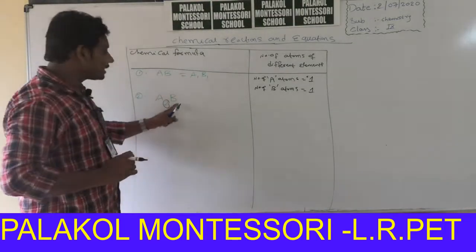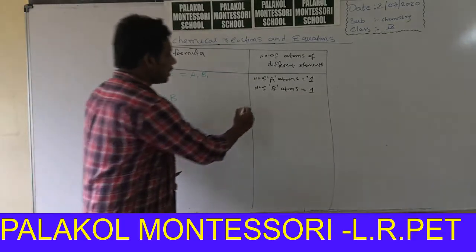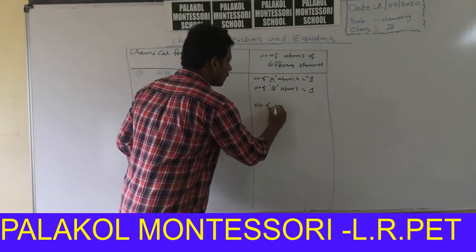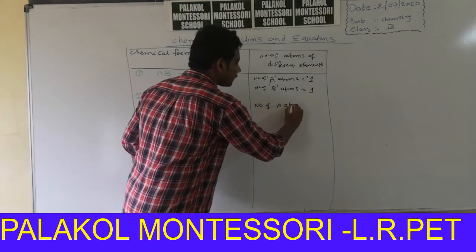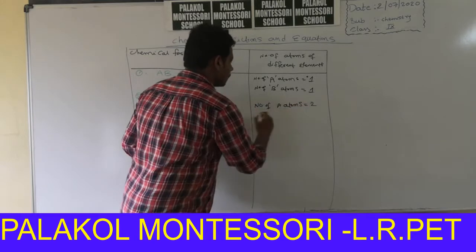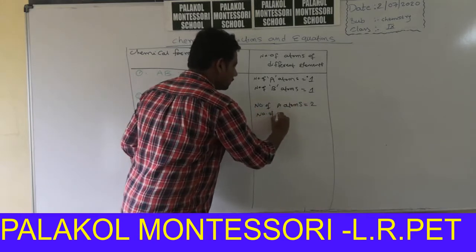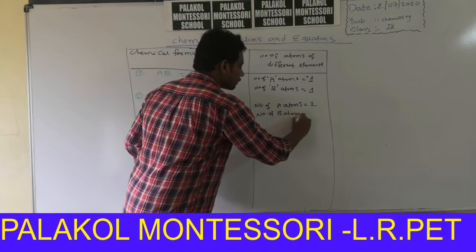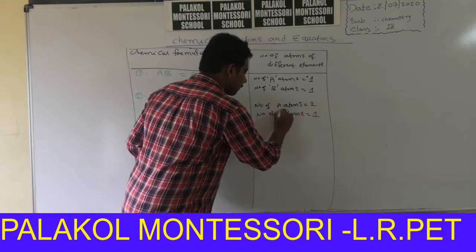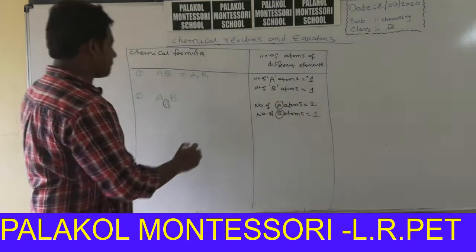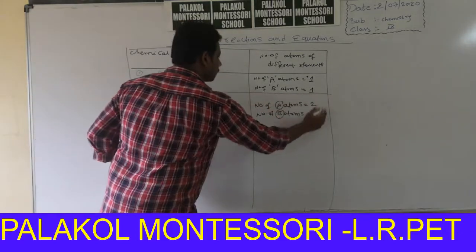It means it has subscript 1. So, number of A atoms equals 2, number of B atoms equals 1.